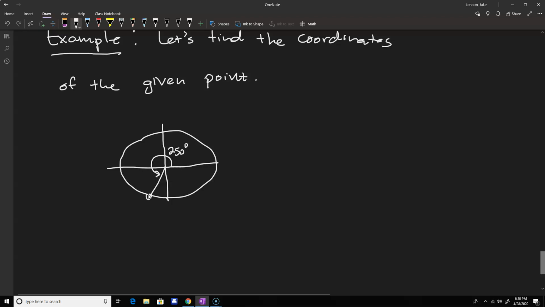Okay, so basically, if this point has coordinates x, y, we know x is just going to be the cosine of 250 degrees, and y is going to be the sine of 250 degrees.